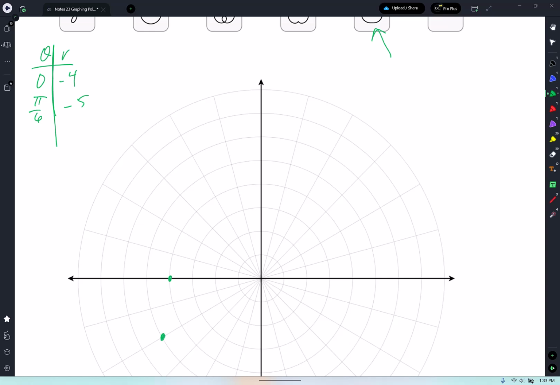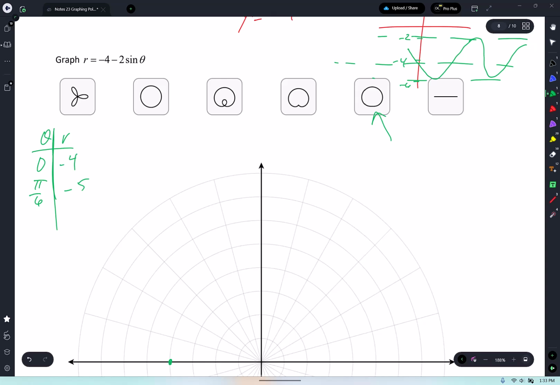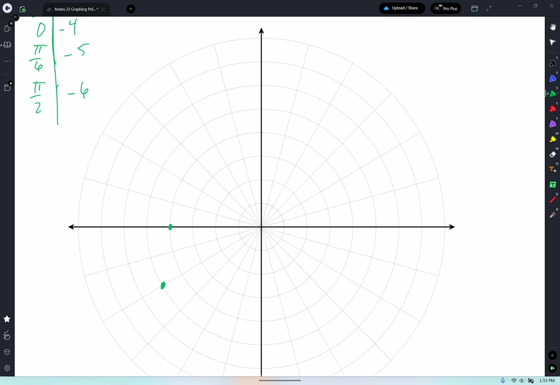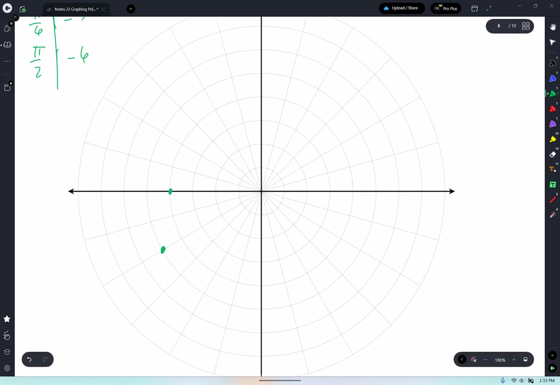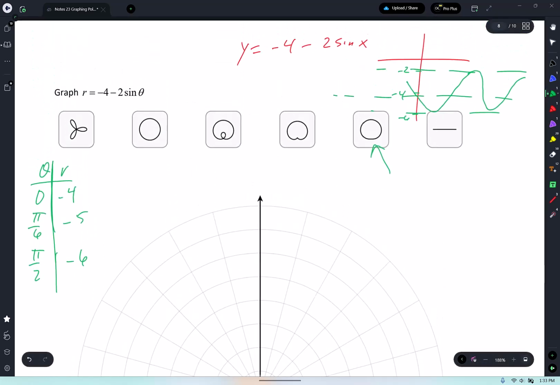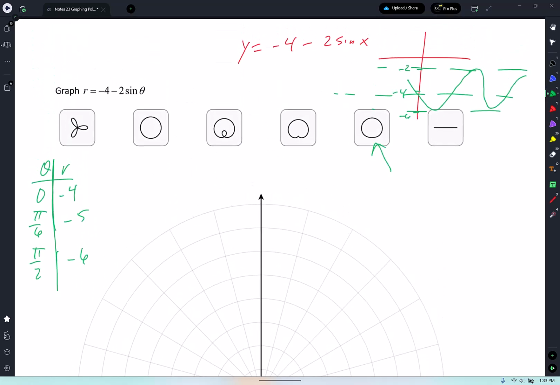I'm going to plug in pi over 2. Sine of pi over 2 is 1. Negative 4 minus 2 is negative 6. There it is, there's my max. Pi over 2, negative 6. So I'm going to be down here, 1, 2, 3, 4, 5, 6. Point. If I plug in 5 pi over 6, sine of 5 pi over 6 is again a half. Negative 4 minus 1 is negative 5.